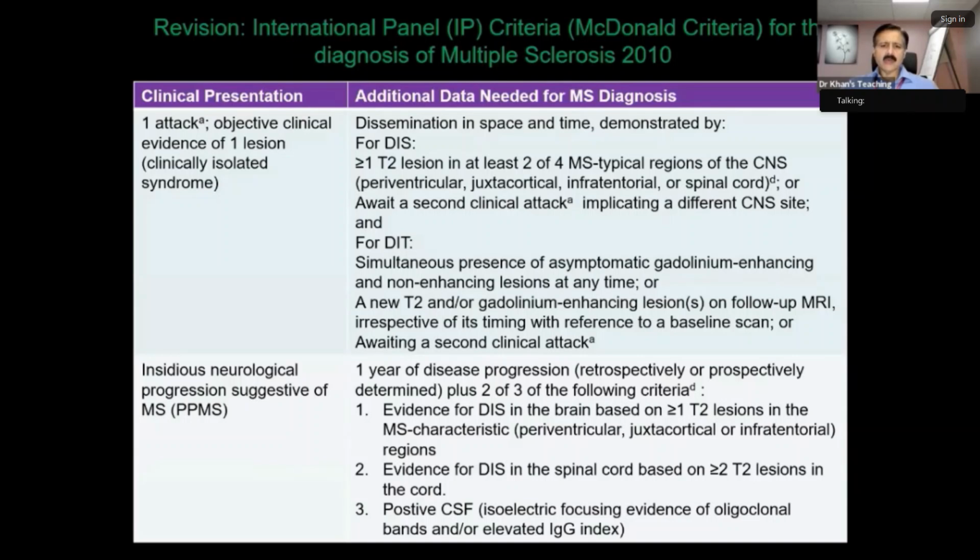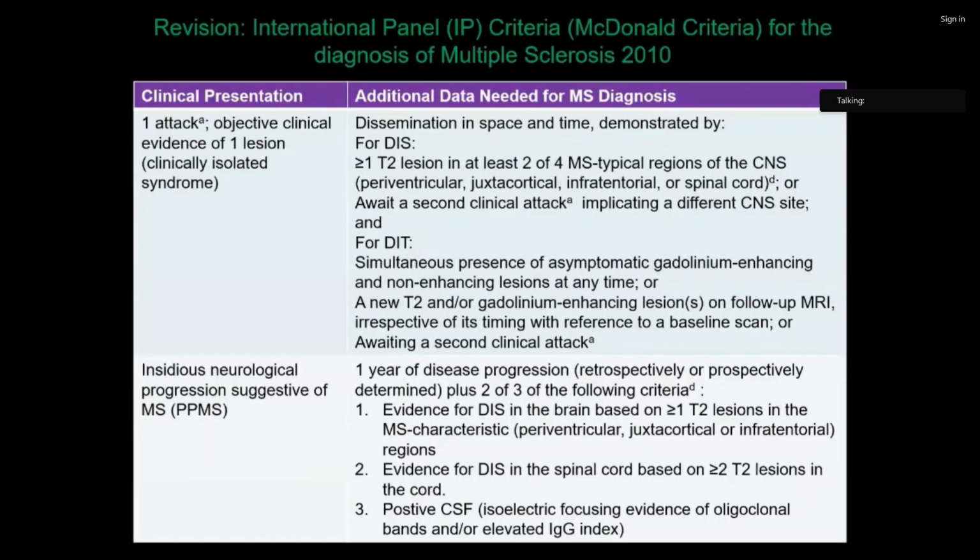So with that background, in the year 2000, a criteria was developed, and the neurologist who was heading this team, his name was McDonald. So we call it the McDonald criteria. McDonald is no more with us now. So in 2005 and 2010, this criteria was modified.